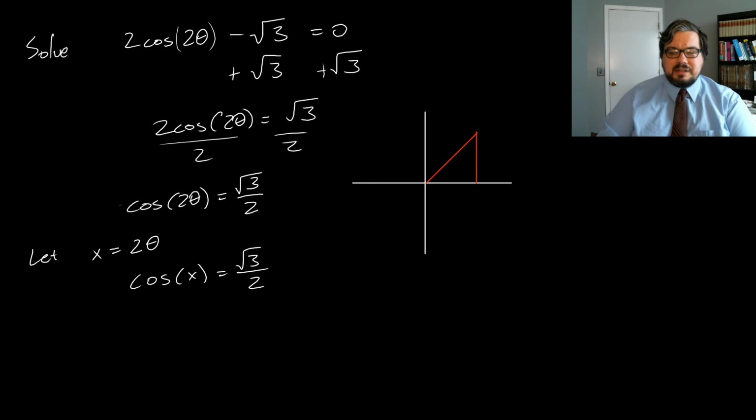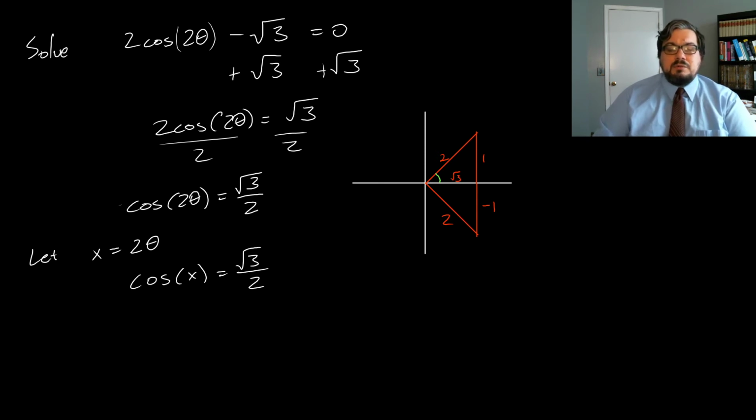Cosine is positive in quadrants 1 and 4. And if we graph this out, we'll want an adjacent side of square root of 3, an opposite side of 1, a hypotenuse of 2, which means we want an opposite side of 1 on the top triangle and negative 1 in the bottom triangle. So here are our two angles that give us a cosine of square root of 3 over 2.